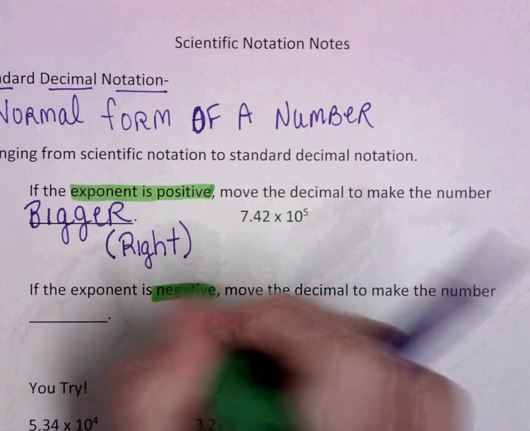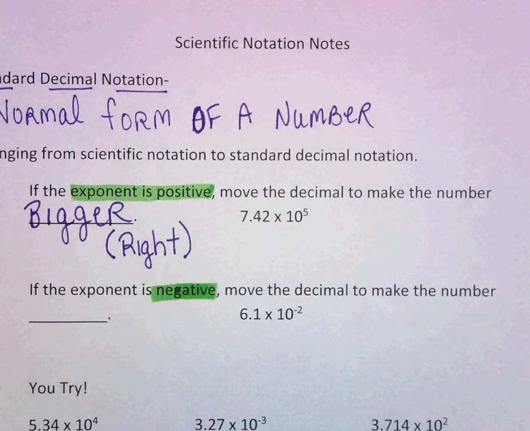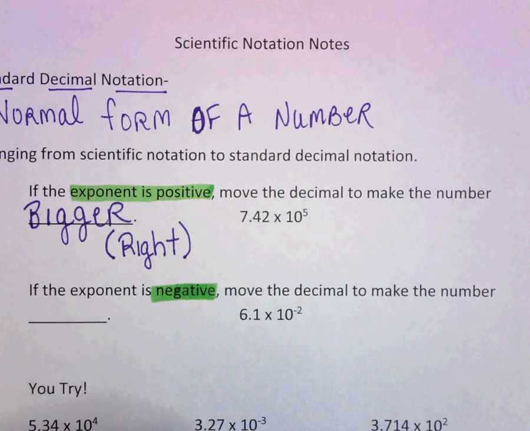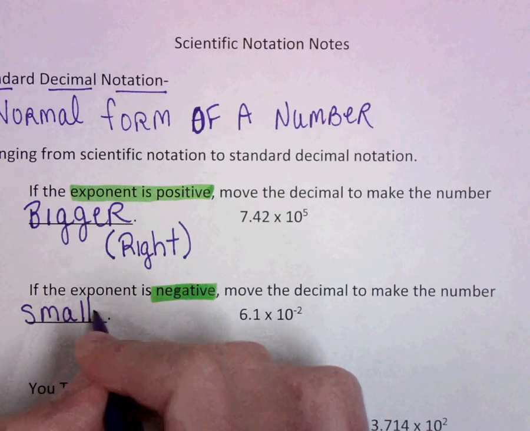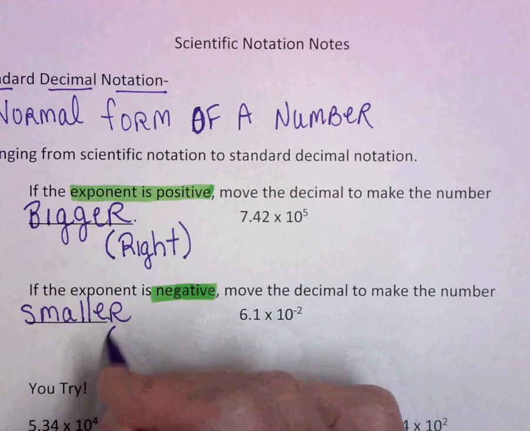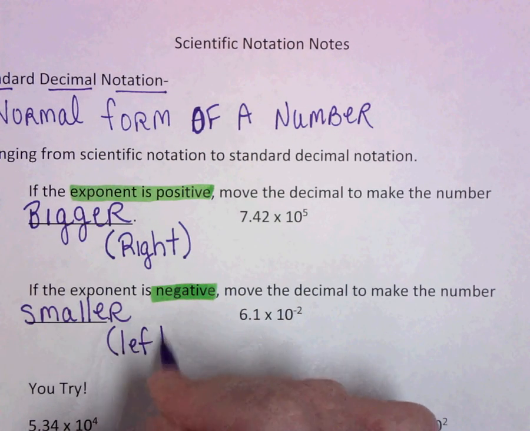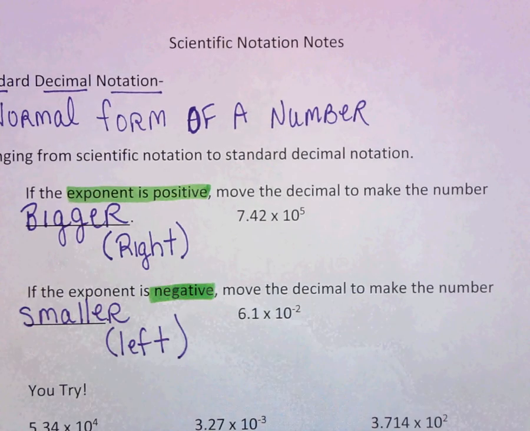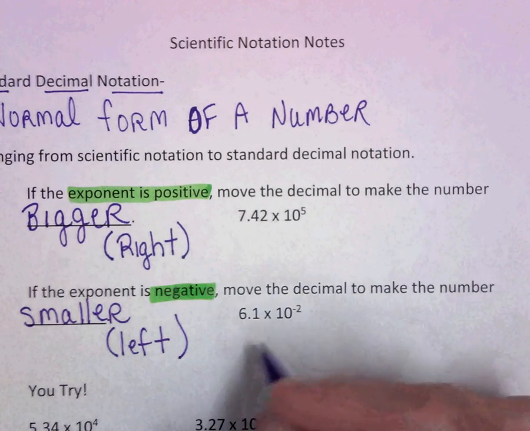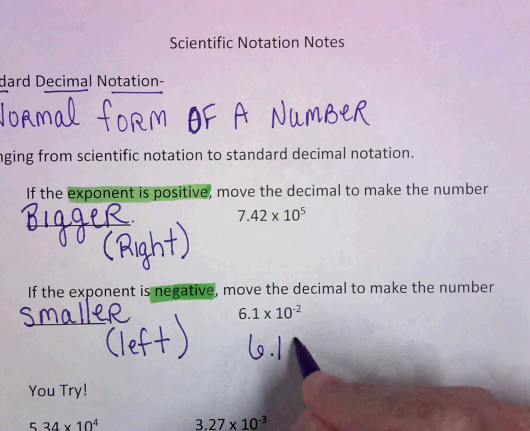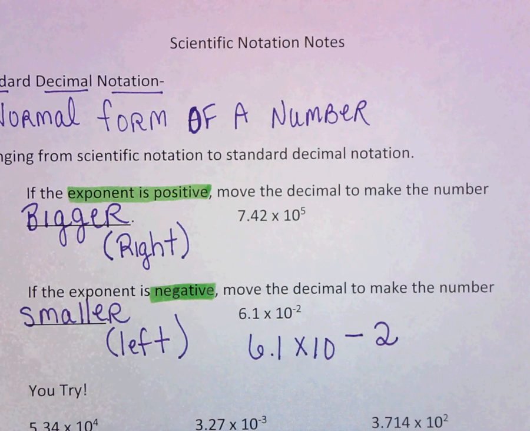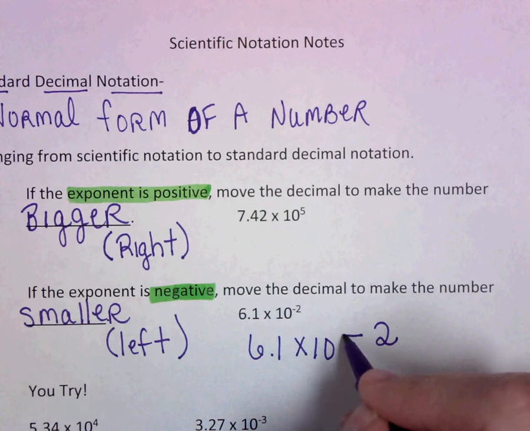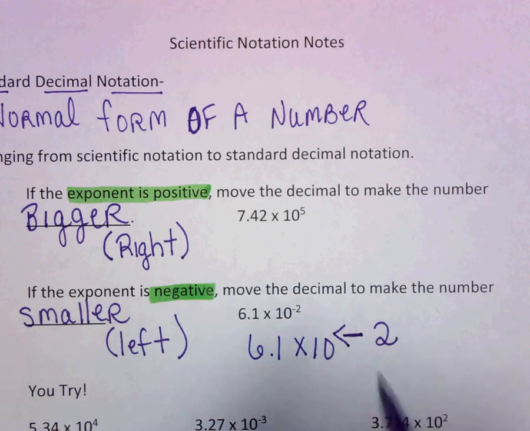If the exponent is negative, we move the decimal to make the number smaller. Again, that is to the left. But if you can think smaller, sometimes that helps. I also like to think of our negative sign as a little arrow.